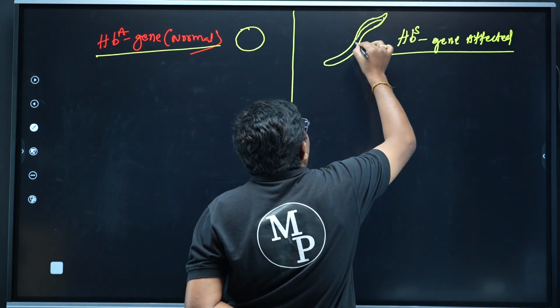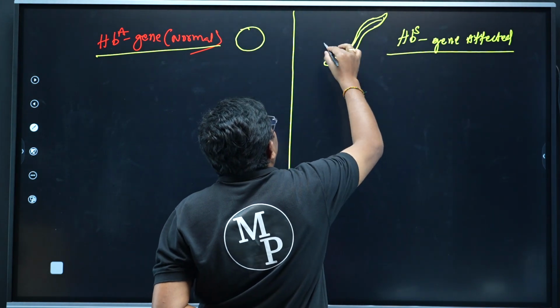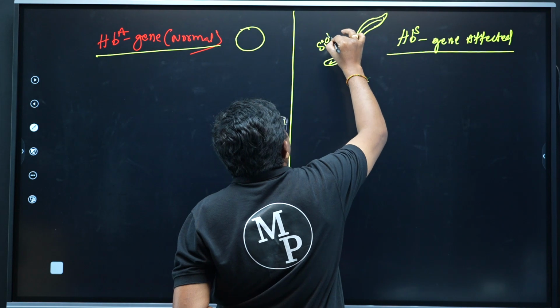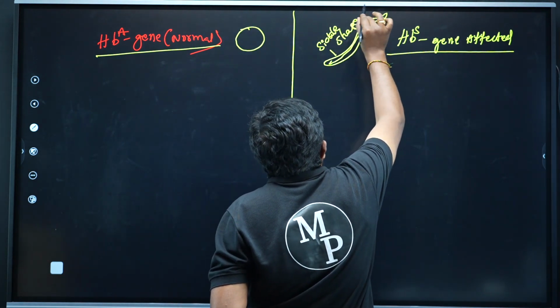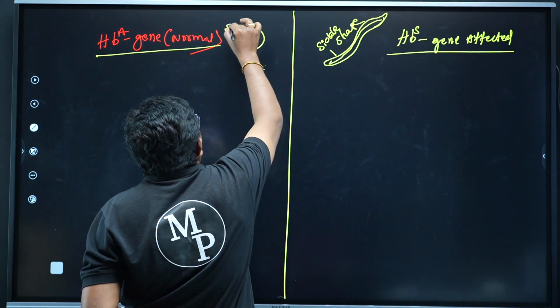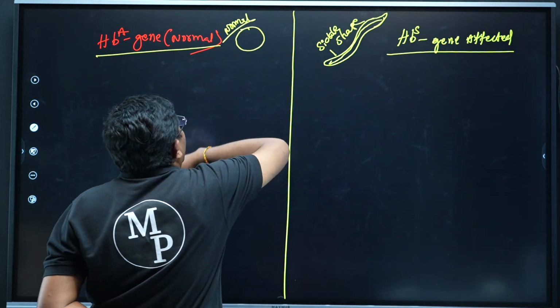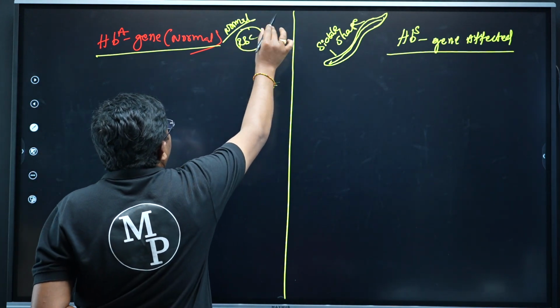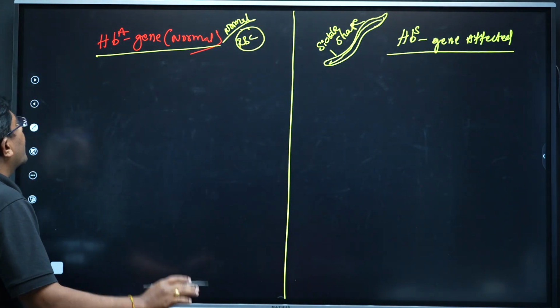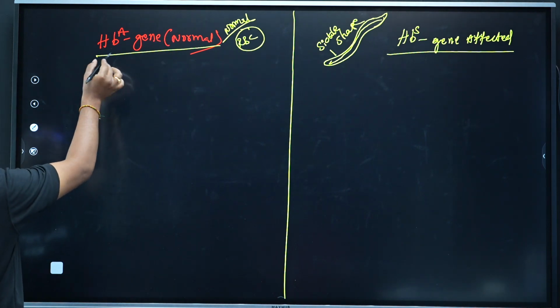It is the shape of RBC, it is a sickle shape. Okay, it is a sickle shape, and it is a normal shape. It is the RBC. Okay, right. So what are the genes here?